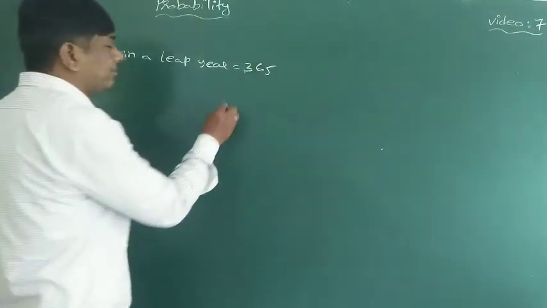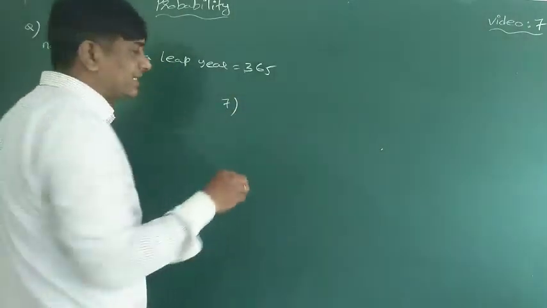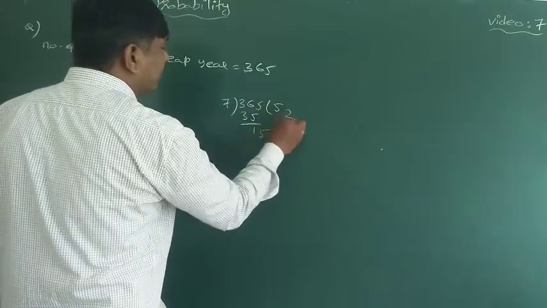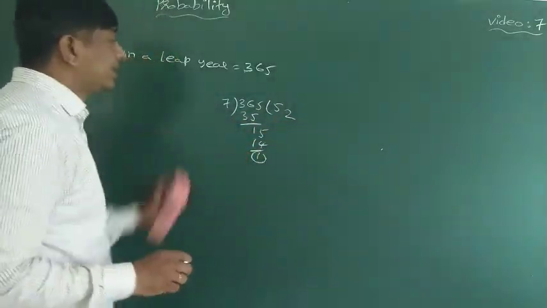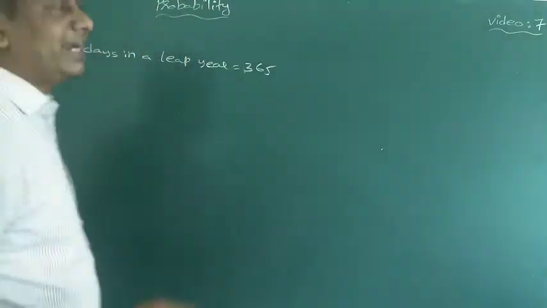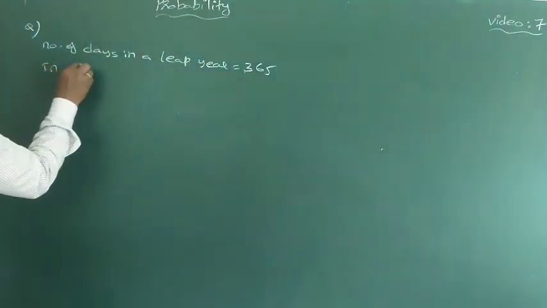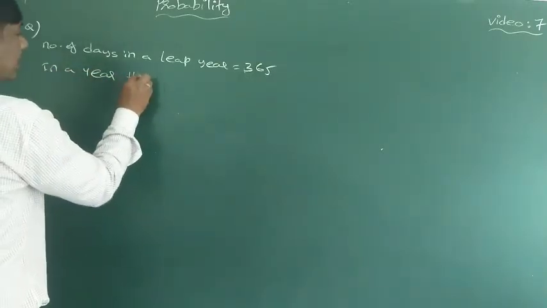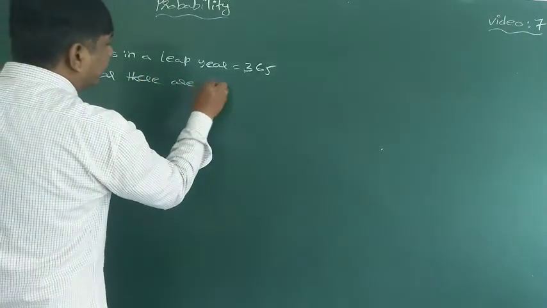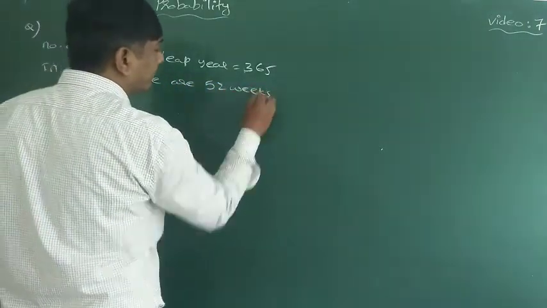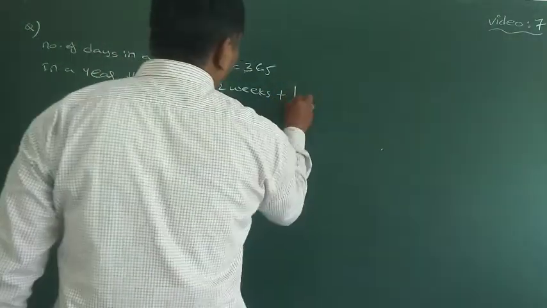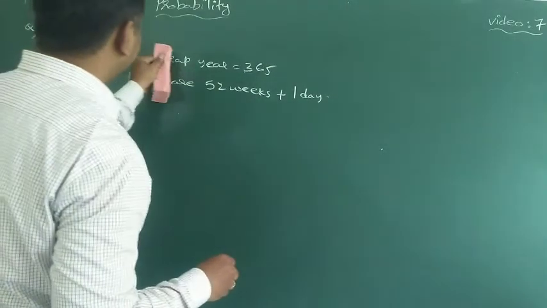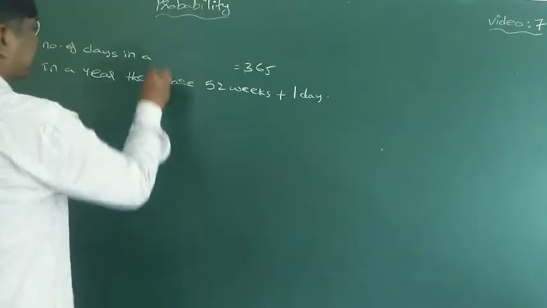If I divide by 7 days, a week has 7 days. 7 fives are 35, 7 twos are 14, 1 remainder, which means there are 52 weeks and 1 additional day. In a year there are 52 weeks plus 1 additional day. Sorry, I am talking about non-leap years.